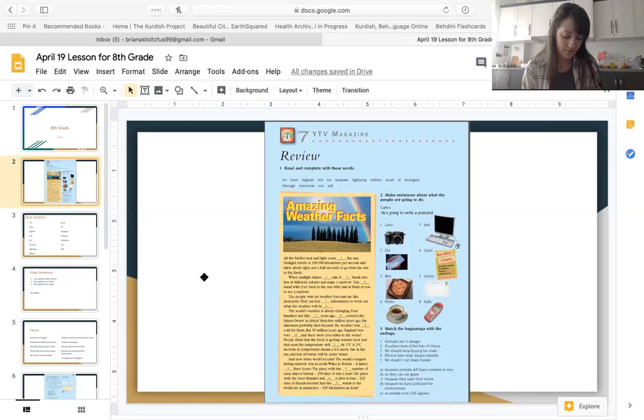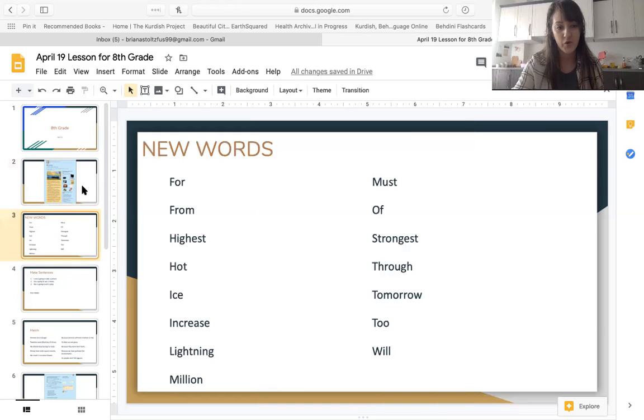And number 11, the temperature will increase, go up, increase. Number 12, it lasted, remember what word we use for a period of time? It lasted for 3 hours. For 3 hours, it's this word, for.